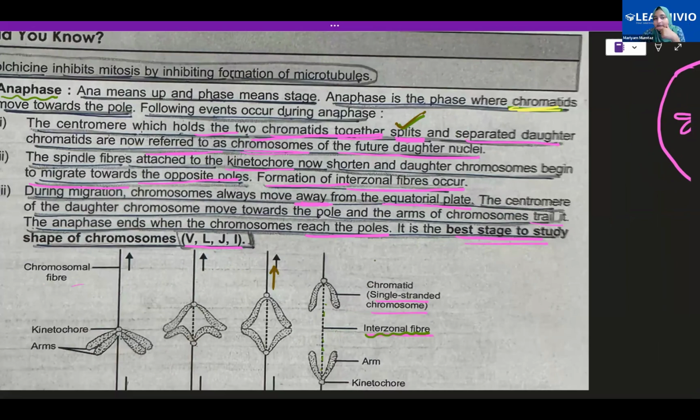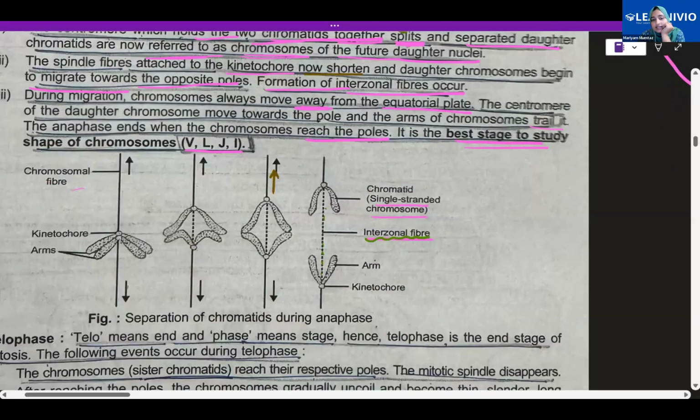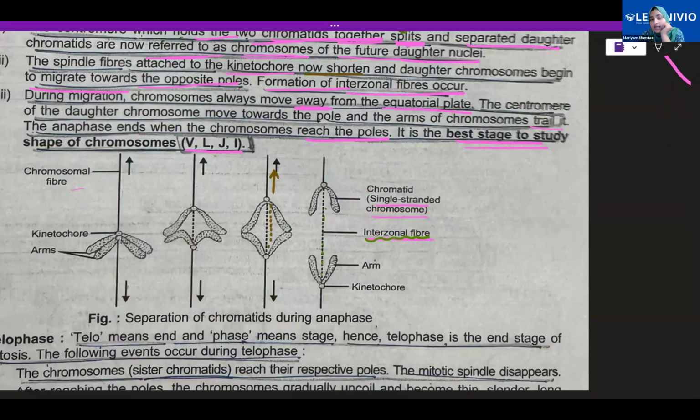The spindle fibers that were attached to the kinetochore start to shorten, and the daughter chromosomes migrate towards the opposite poles. One would go one way, the other would go the other way, right? In between them, these dotted lines that you see represent the interzonal fibers, showing that they were connected initially.